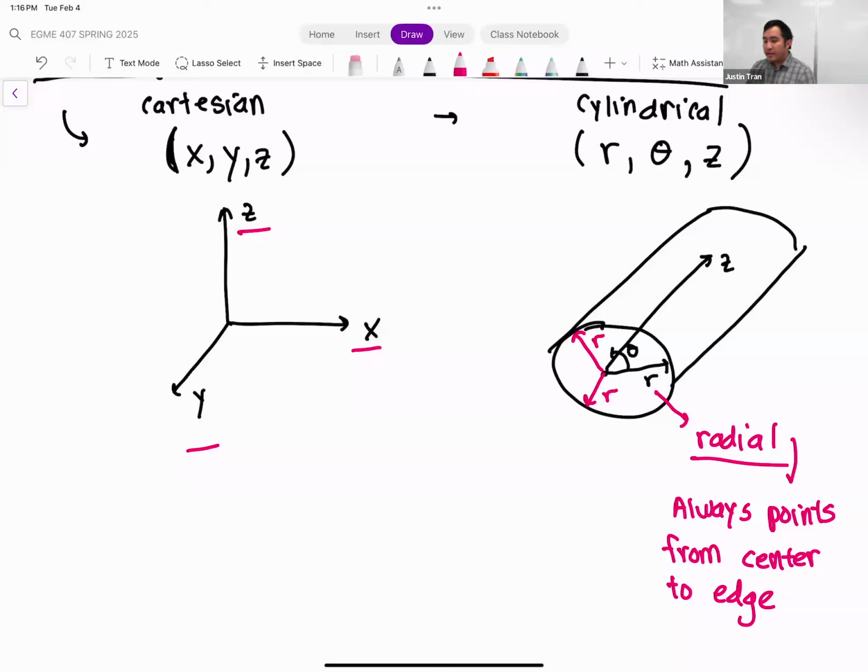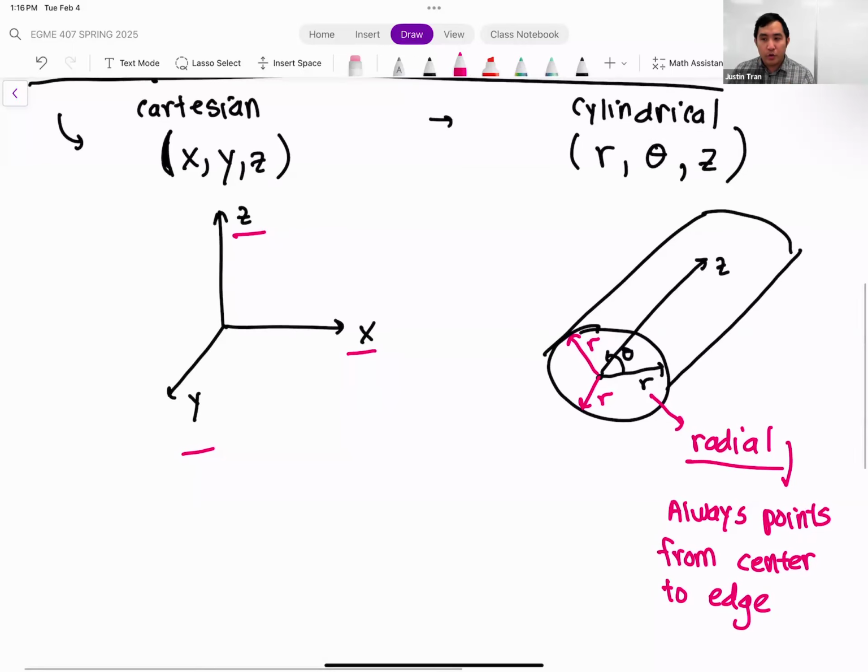This is probably the hardest thing to wrap your mind around when you're first working in polar coordinates: how we interpret that radial direction. It's fixed in the sense that it always follows the same convention, but not fixed in the way we think of in a Cartesian coordinate system.